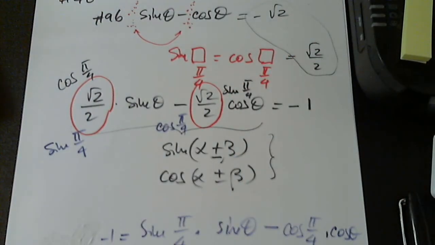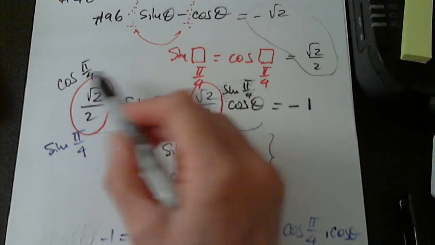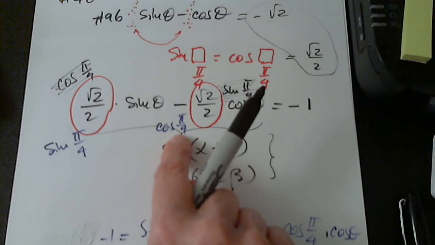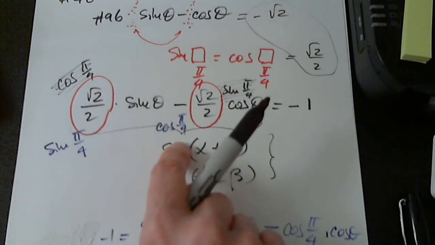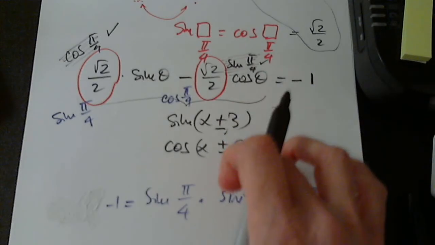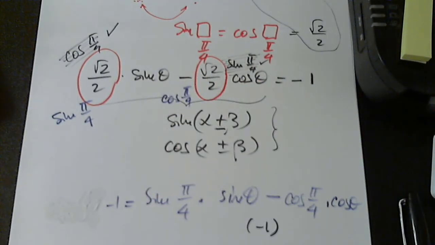I'm just going to leave them like that, but I will fade them out a little bit to make sure that everyone understands that we really use this. But this is also possible, because it depends on what you want to use. Do you want to use cosine or sine?